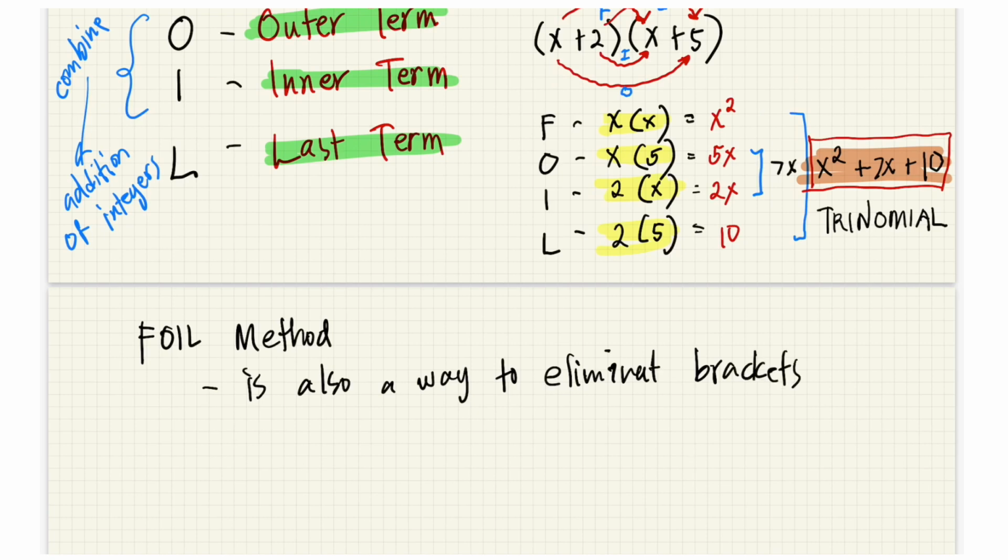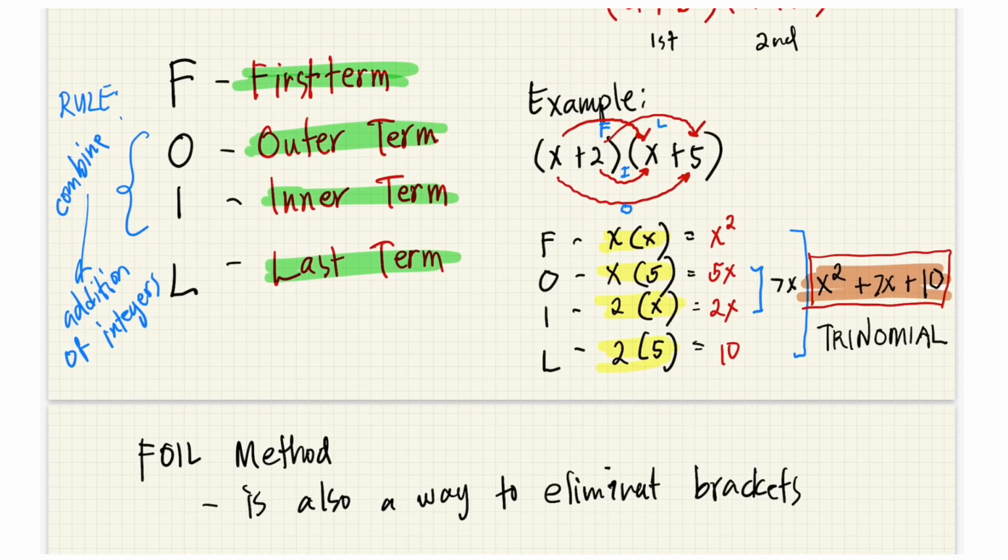Okay, remember one rule of FOIL: you need to combine. Once we combine, it means addition of integers for letters O and I.